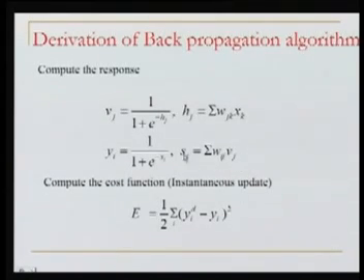So, Si is the total input reaching the ith neuron in the output layer. Here we are computing the cost function for instantaneous update, which is E equal to half (yi d minus yi) square.